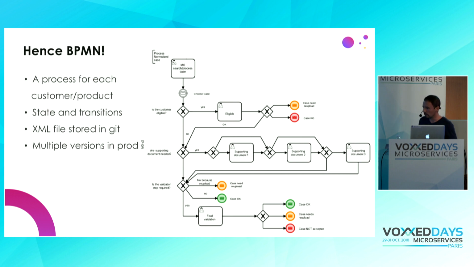Here is an example of what it could look like. It's actually a real one from one of our processes. We have many, but it's one of them. You can do long-running processes which represent states and transitions.